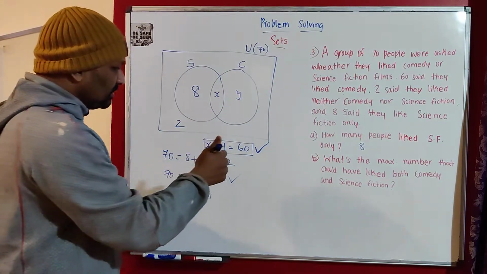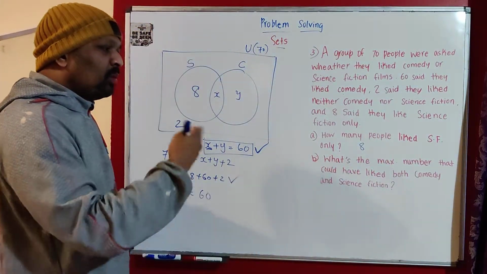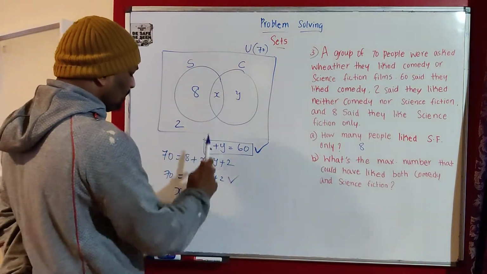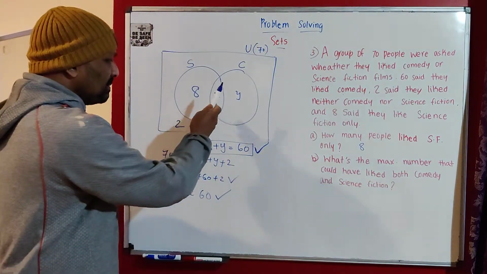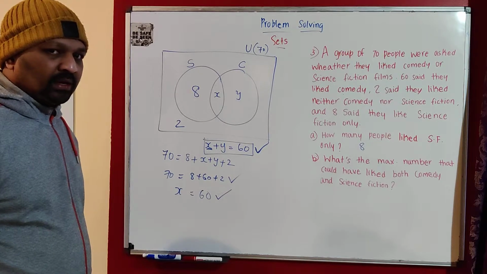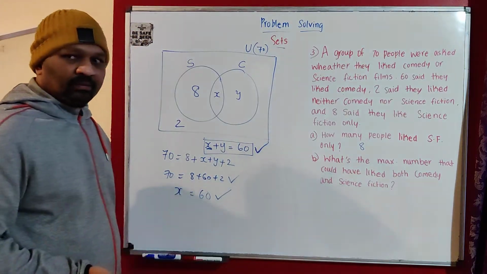In such case, this is the maximum number of students that could have liked both comedy and science fiction. So x will be 60. Only that is the maximum possible x. It cannot be beyond 60. X can be 20 also. If x is 20, y will be 40.